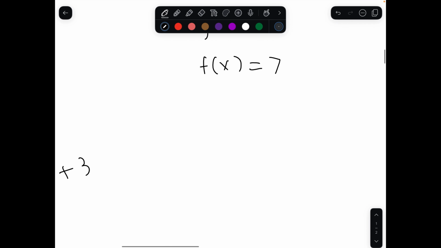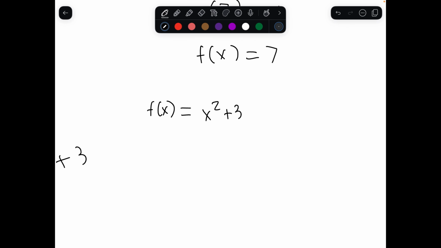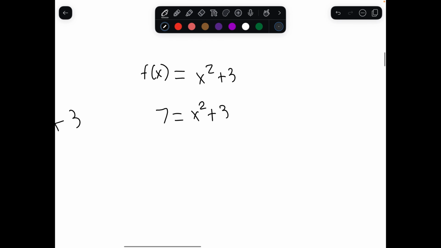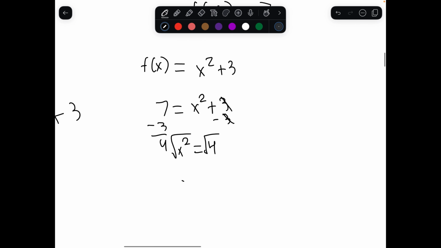So x squared plus 3, which is f of x, and we need to see what we plug in for x into the function f to get 7. Just set 7 equal to x squared plus 3. Now if you solve for x, subtract 3, you get x equals plus or minus 2.